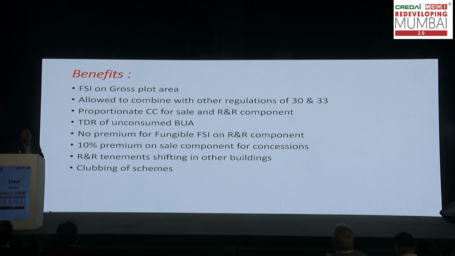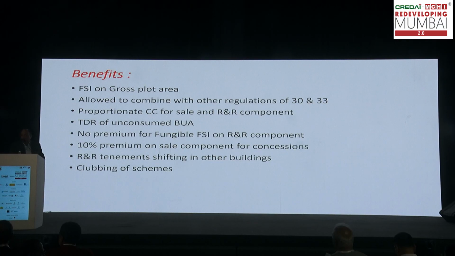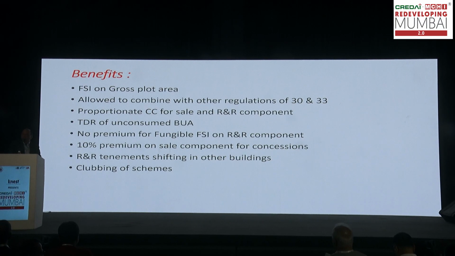Suppose the plot is affected by the widening of the road, then you have to surrender certain area of the plot for the road widening. Suppose you have a plot area of 2000 square meter and it is affected by the road widening for 200 square meter, then the net plot area will be 1800 square meter. So whatever the FSI permissible will be on the 1800 square meter, not on the 2000 square meter.